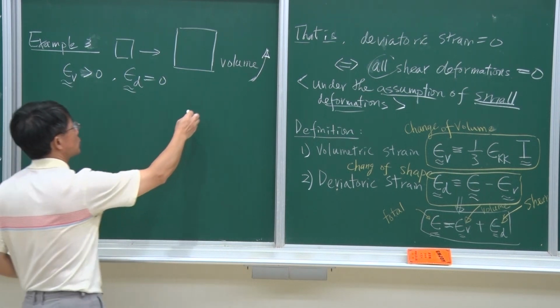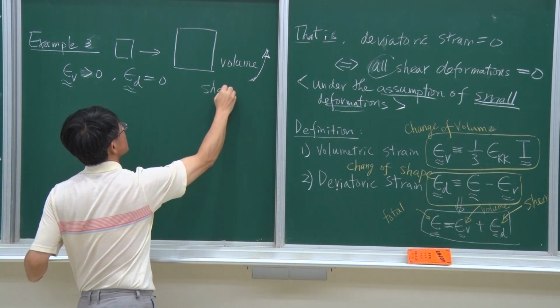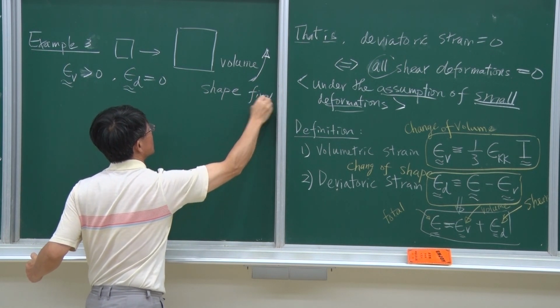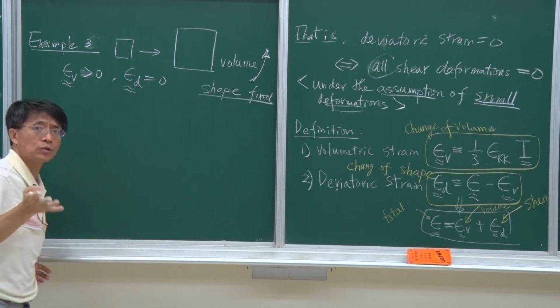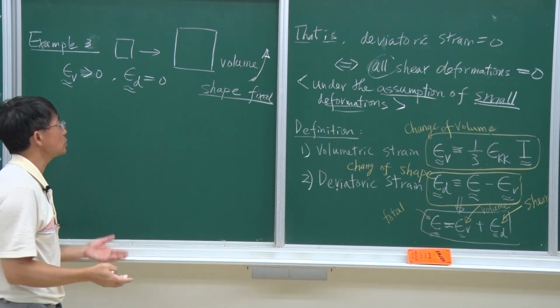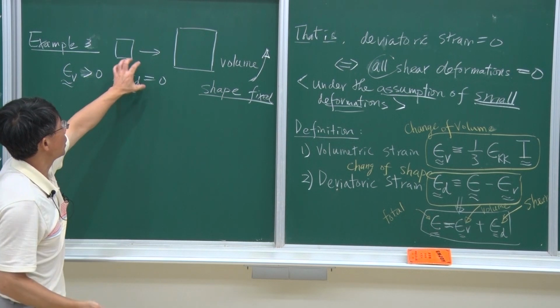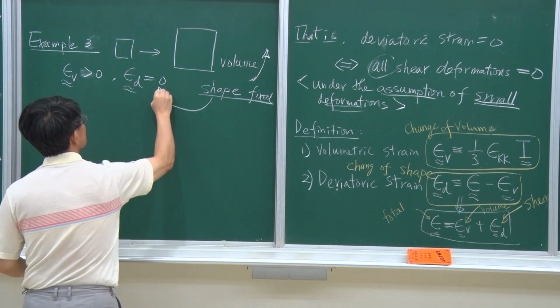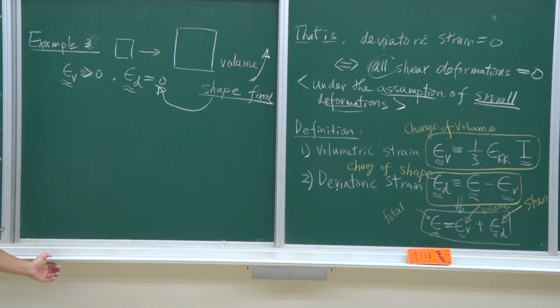But the shape is fixed, it doesn't change at all. Since there is no change of shape, the deviatoric part equals 0.